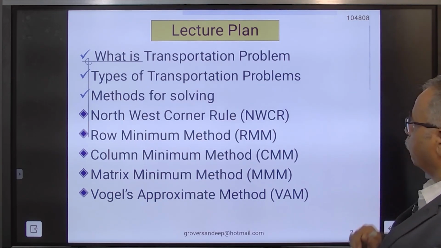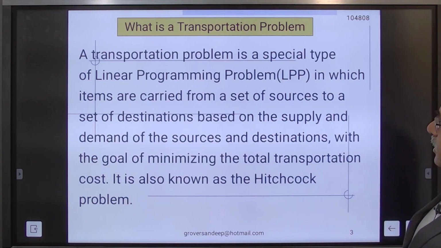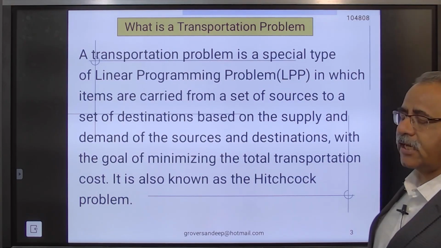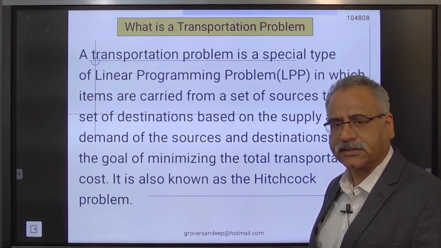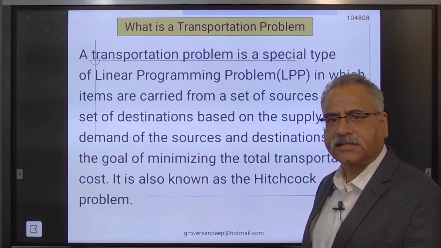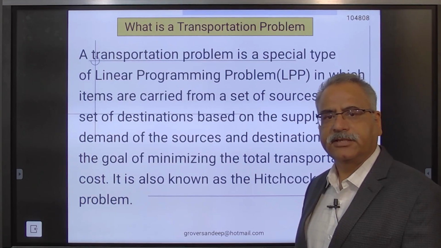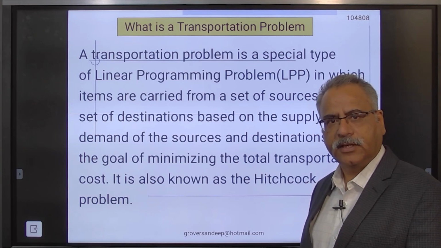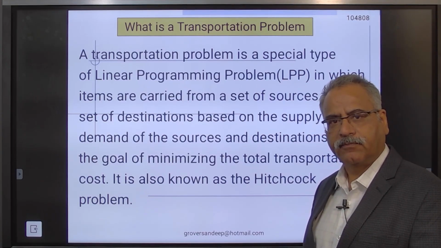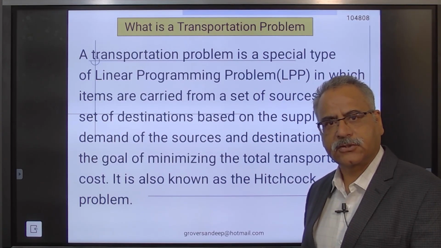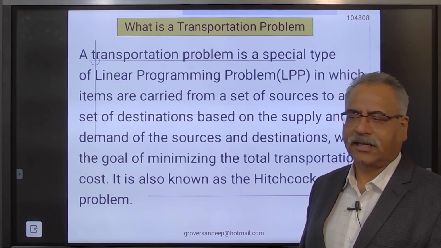So let us go. Now a transportation problem is a special type of linear programming problem in operational research. You know, in operational research, we are concerned about optimization. Optimization could be maximization of the profit, it could be minimization of the cost or minimization of the time.